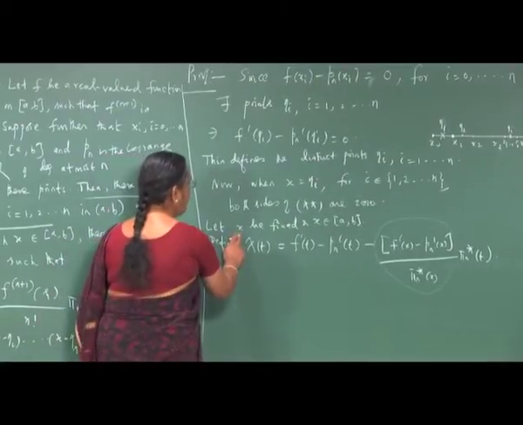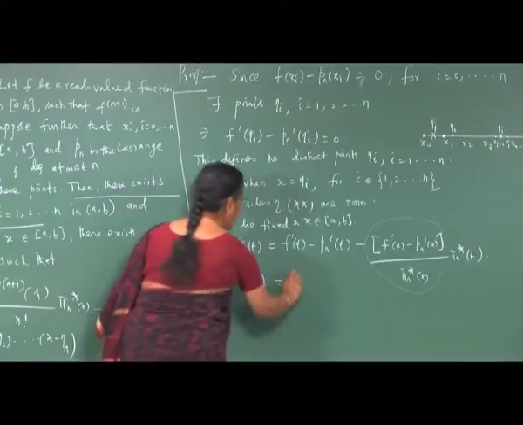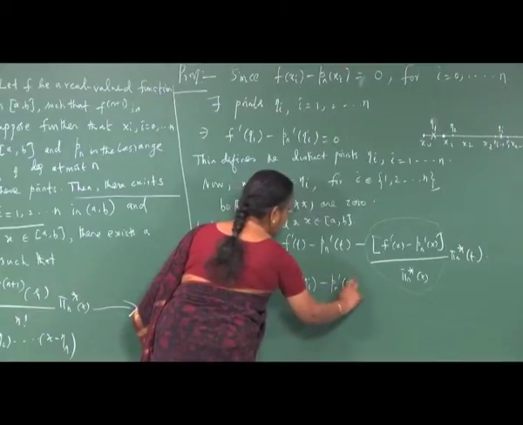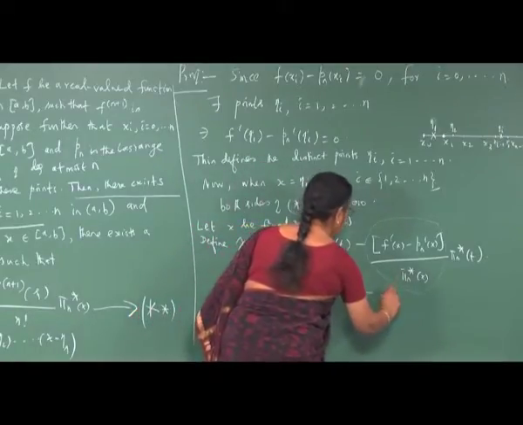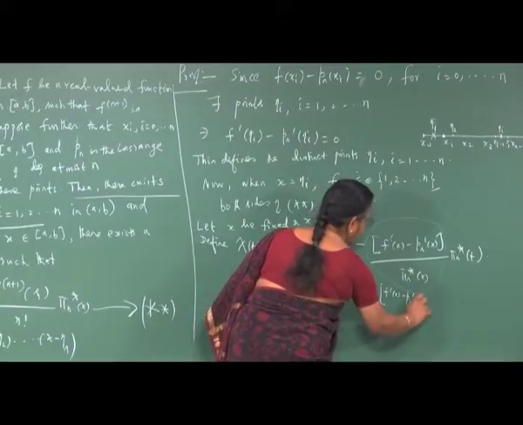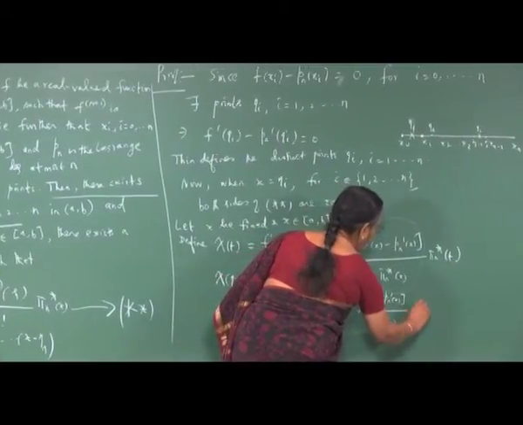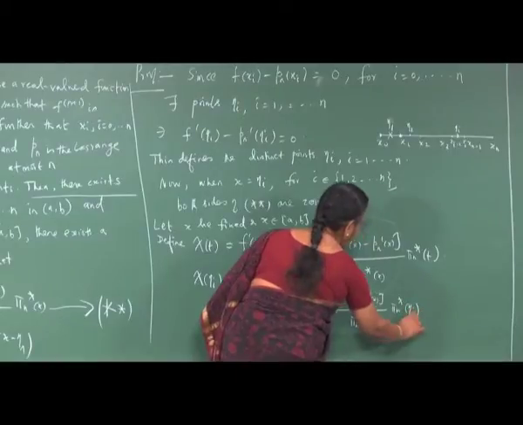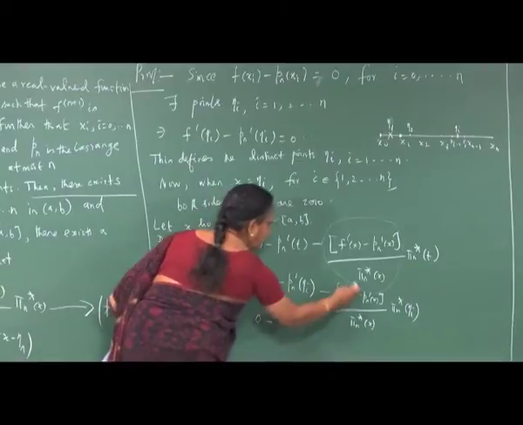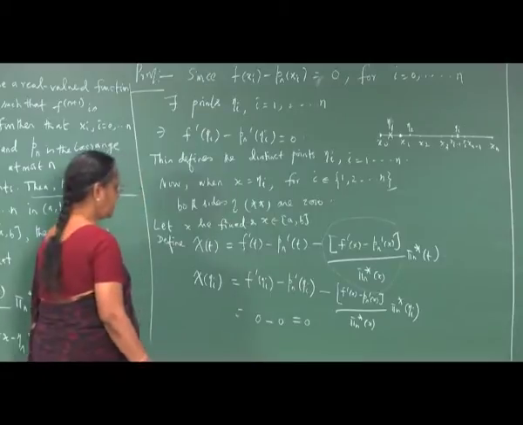Let us evaluate chi at this eta i. Chi at eta i is f dashed of eta i minus Pn dashed of eta i minus this expression, f dashed of x minus Pn dashed of x by pi n star of x, which is a scalar, into pi n star at eta i. So, this difference is 0 and the second term is 0 because pi n star of eta i is 0, and therefore, this is 0.